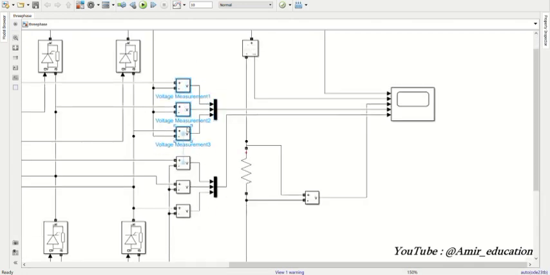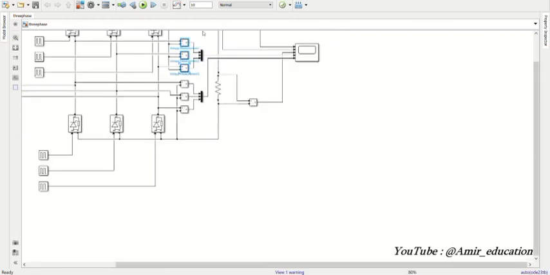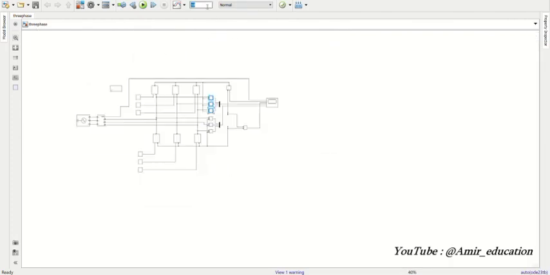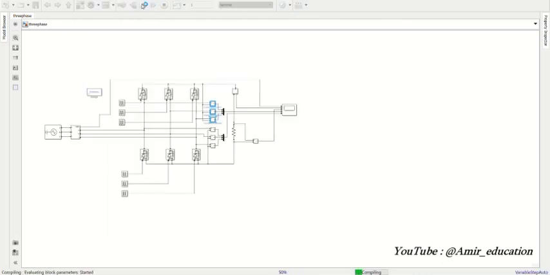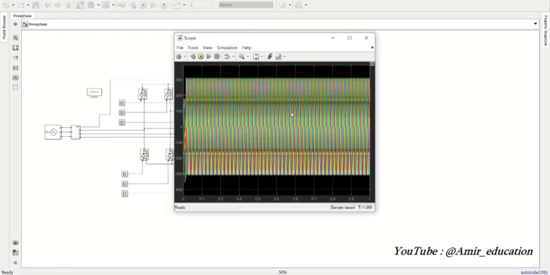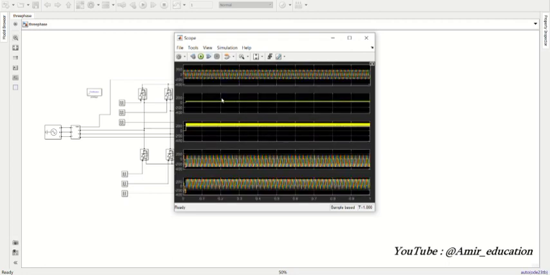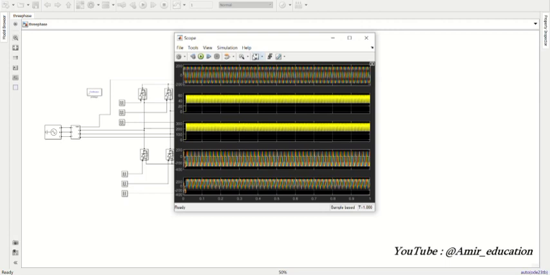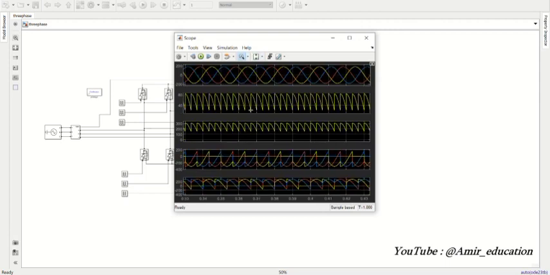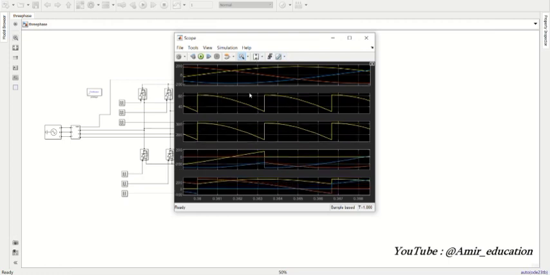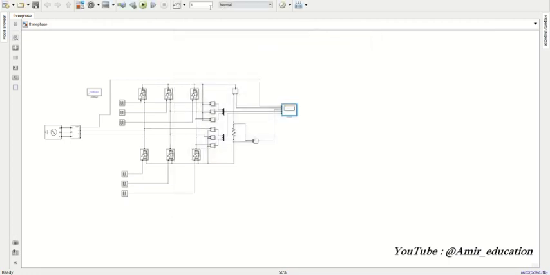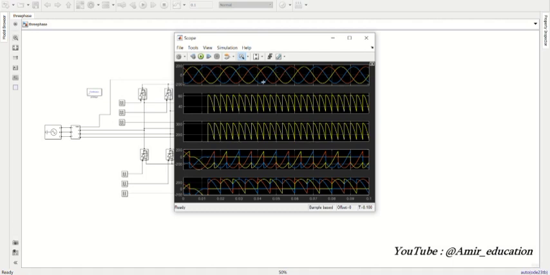So that's great. Now let's decrease our simulation time to 1 second, so now we can observe 5 cycles.